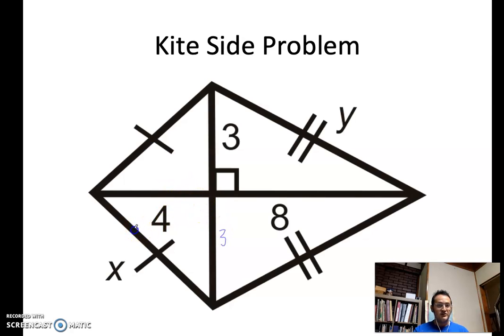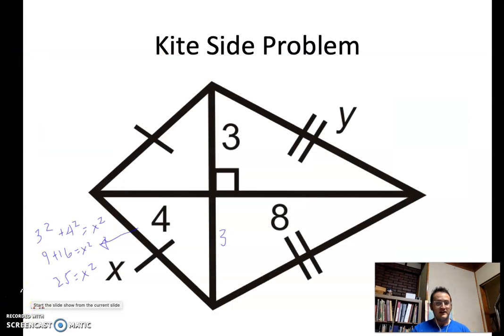So if I want to solve for x in this triangle, since I have a right triangle, Pythagorean theorem works. So I would do 3 squared plus 4 squared equals x squared. And I just square root.